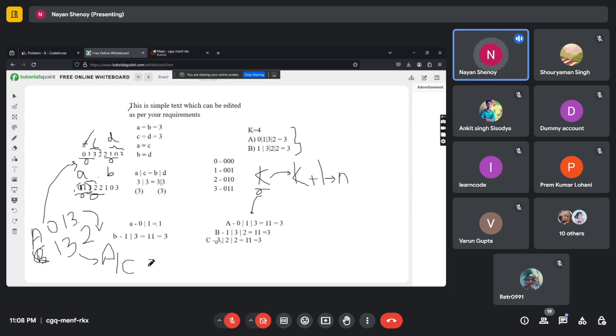It will be basically OR of 0, 1, 3, 1, 3, and 2, OR of all the elements. So I can say that OR of 1 and 3, basically I'm taking the OR of these four, will always be equal to whatever the OR of 1 and 3 will give.